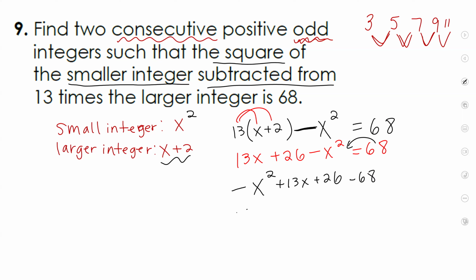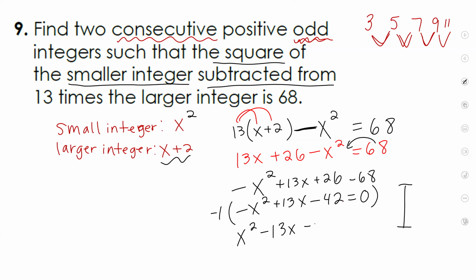Okay, so this is negative x squared plus 13x. What's 26 minus 68? Thank you. Now guys, I need to do an eye chart, but before I do that, you need to multiply all of these by a negative because I don't want my leading coefficient to be negative. So this will be positive, this will be negative, this will be positive. We do not want x squared to be negative.